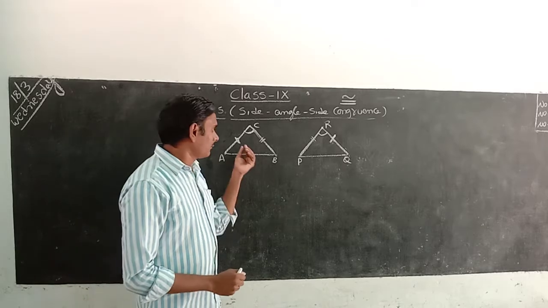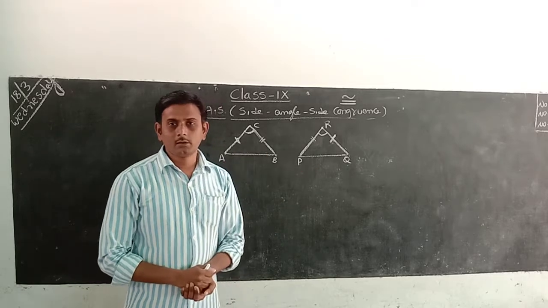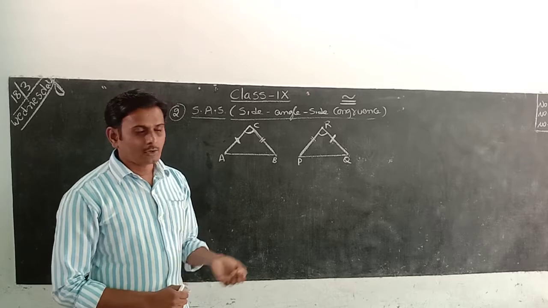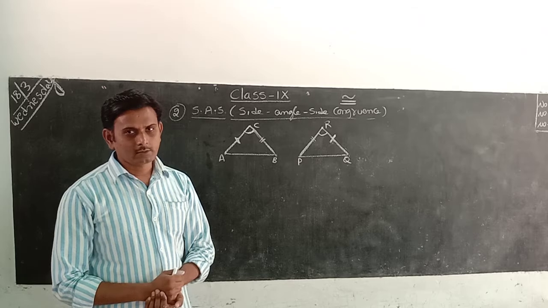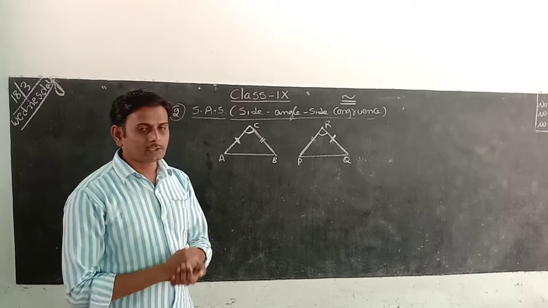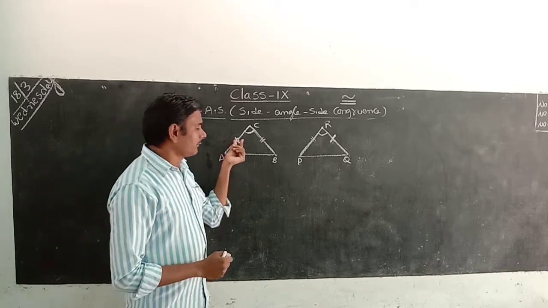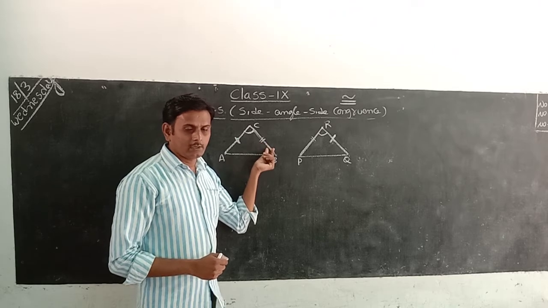Then these two triangles are said to be congruent according to the SAS criterion. What is SAS congruence? Two sides of a triangle with the included angle are equal to two sides of another triangle with its included angle.